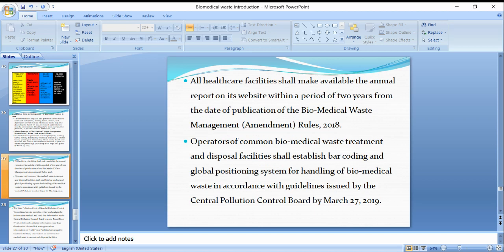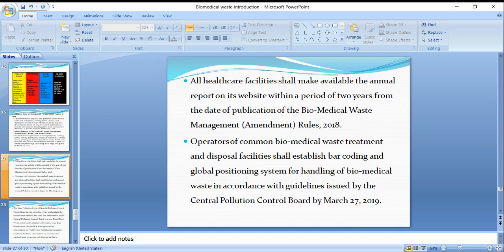Next, all healthcare facilities shall make available the annual report. So they have to prepare a report on what they are using, what waste is generated, and how they are performing their activities.